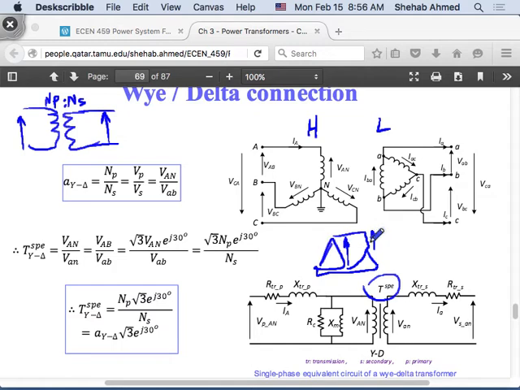The corresponding voltage is going to be phase shifted, and the magnitude will be different by the square root of 3, and the phase shift between this voltage and this voltage is 30 degrees, right? So that's what we derived when we were looking at the diagram a little bit ago. So now when we draw a transformer, this is not in per unit, right?